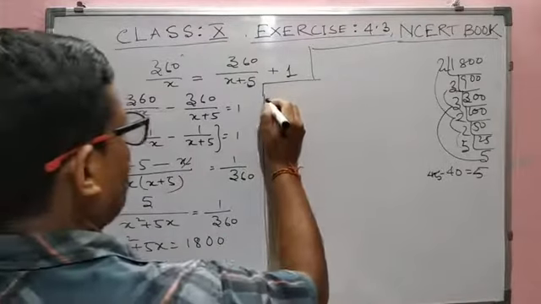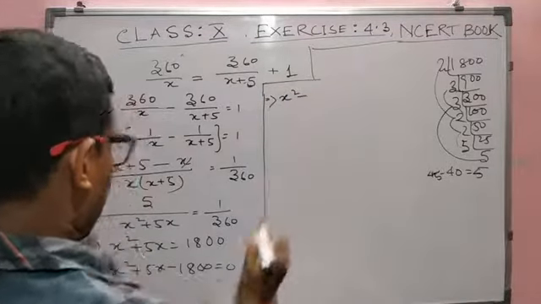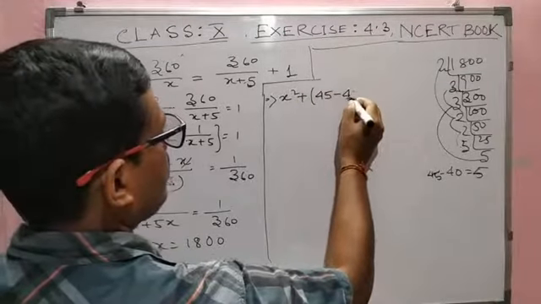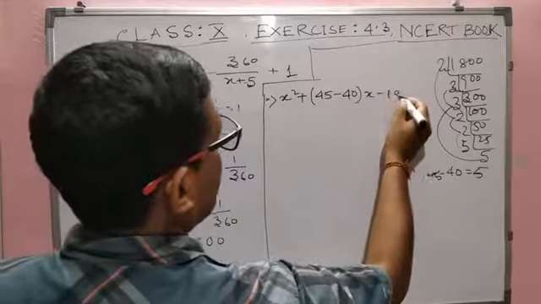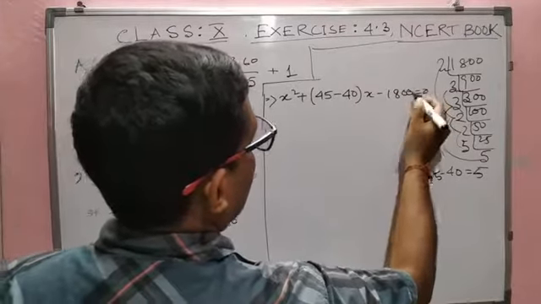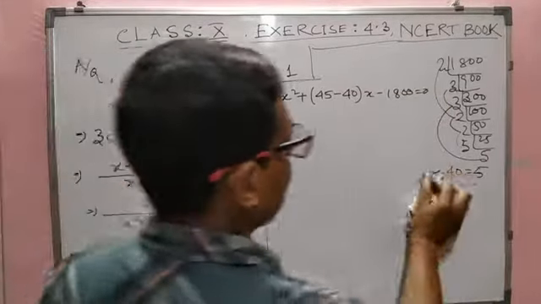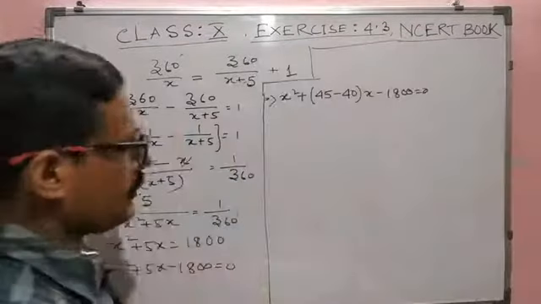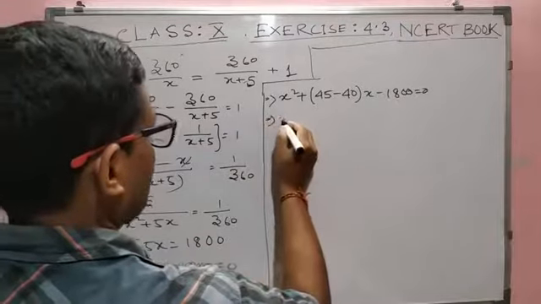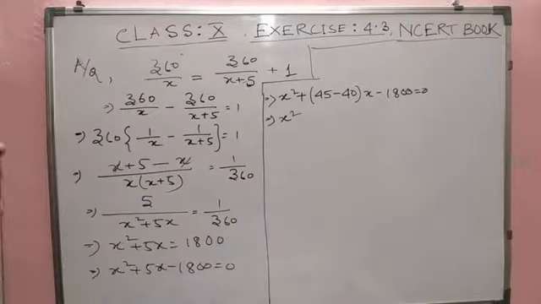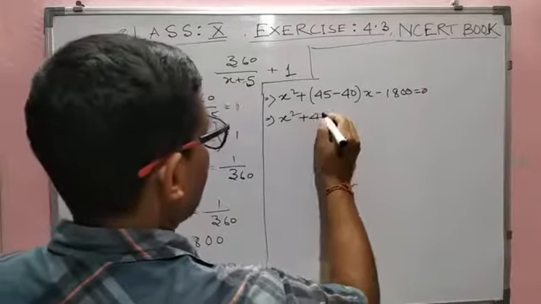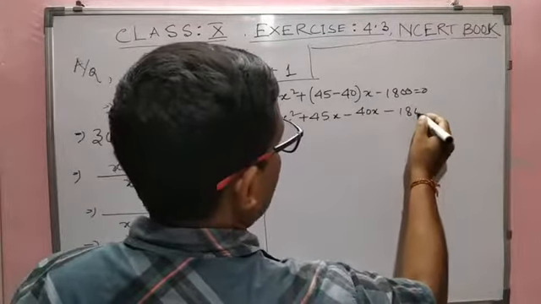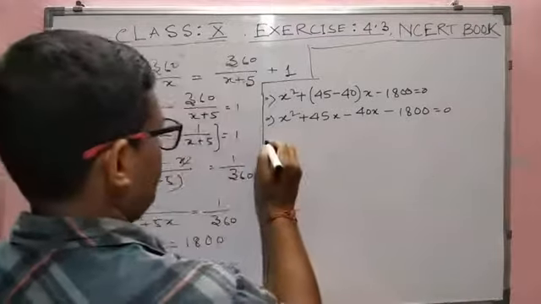So we can write this one as x square plus 45x minus 40x minus 1800 equal to 0. So we get now this one as x square plus 45x minus 40x minus 1800 equal to 0.